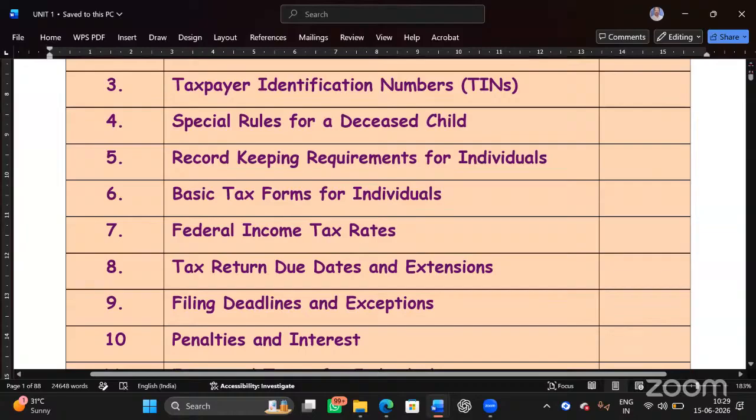Which form is to be filed by which citizen or which non-resident, etc., is very clearly given. We are going to learn here basic tax forms. Apart from that, I already told you Schedule 1, like adjustments. Schedule 2, variety type of taxes. Schedule 3, refunds. All these are to be attached to the form number 1040. So in this topic, we are going to clearly learn every form in detail.